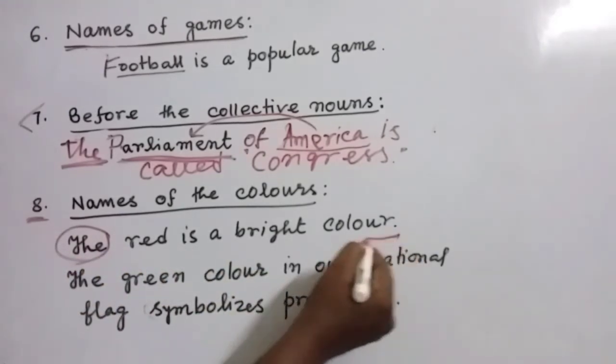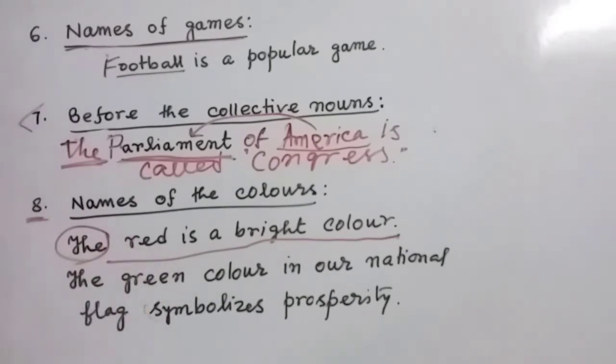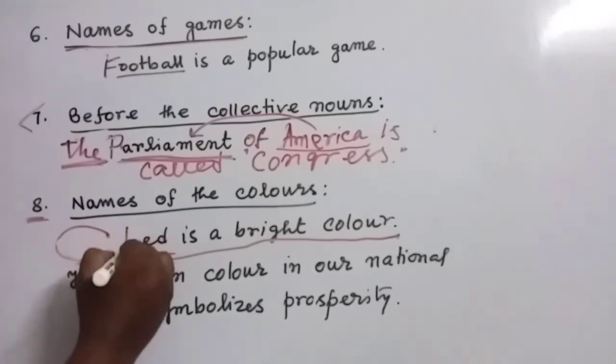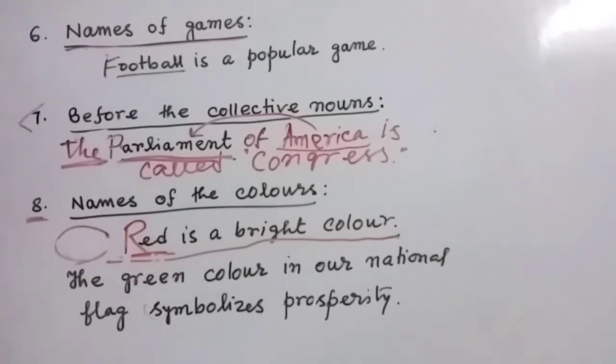My dear friends, if red is bright, that means it's a general idea. Red is a bright color, we all know. It means this term red is used in general sense. At that time, we cannot use the. We have to write red is a bright color.